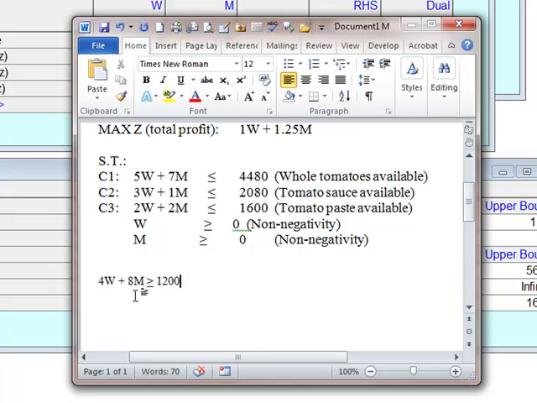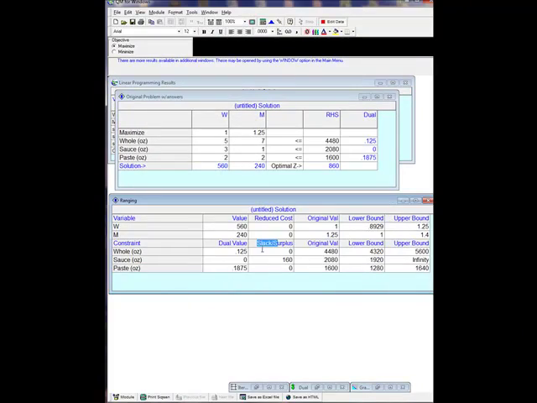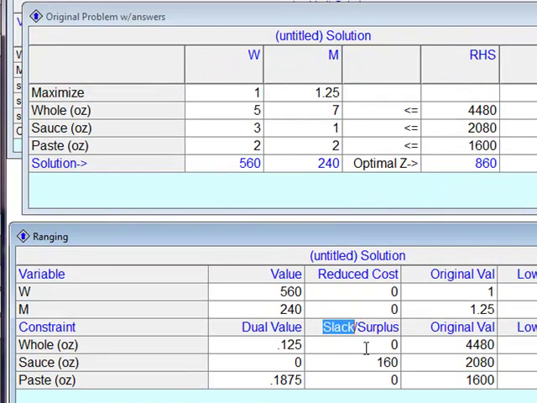In this situation, if I were to plug in my W and M values, whatever they are, and this left side is higher than this 1200 by any amount, then that would be the excess, or how much I used up more than the minimum set, and that we call a surplus. So coming back to our definition, slack is used in relation with less than constraints, and surplus is used in relation to greater than constraints, which in this problem we don't have any.